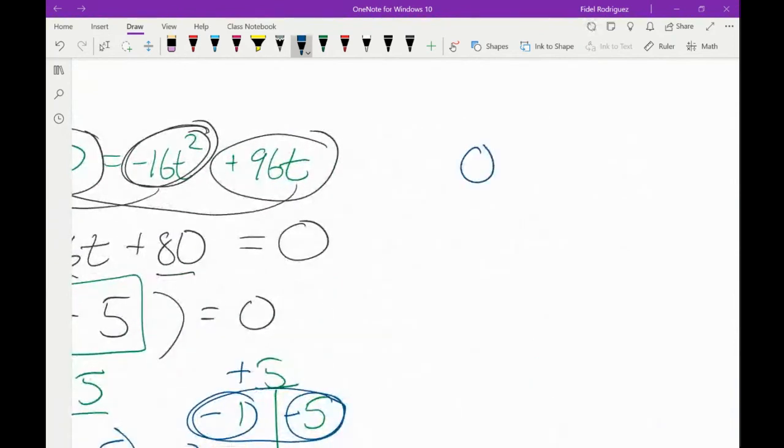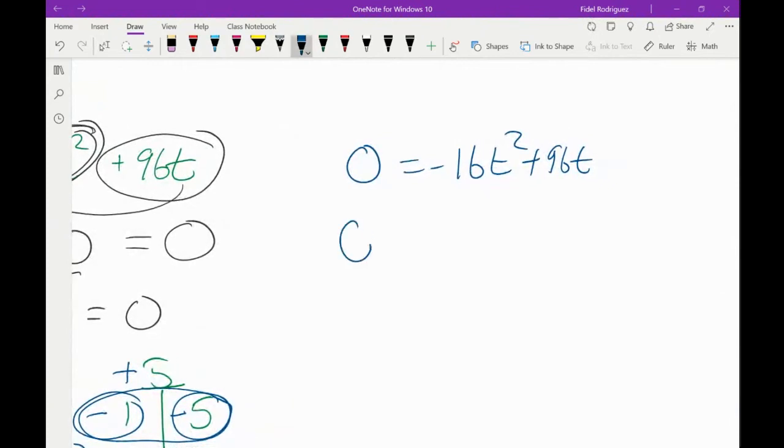So I'm going to take that same equation that we started off with, but I'm going to set it equal to 0. Since I already have 0 on this side, I can factor out a negative 16 and a t, and I'll be left with t minus 6. Then we're going to do the same thing.